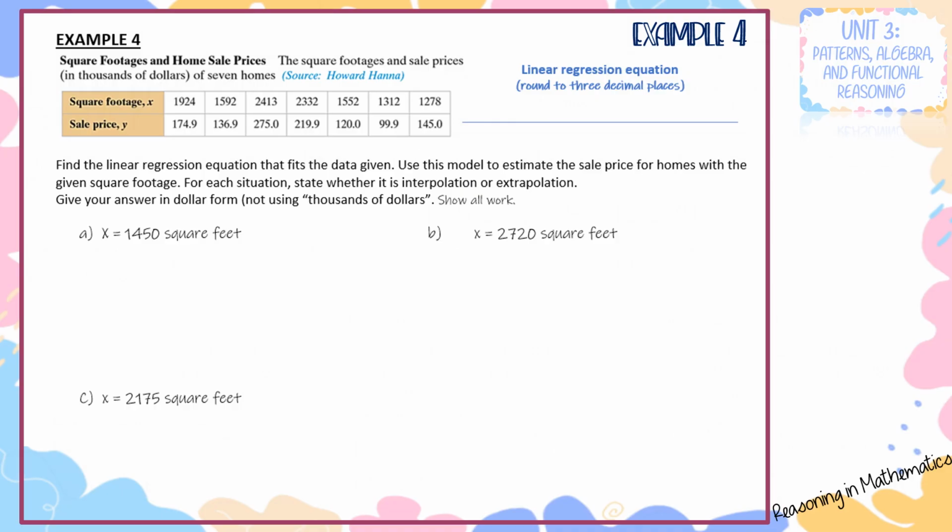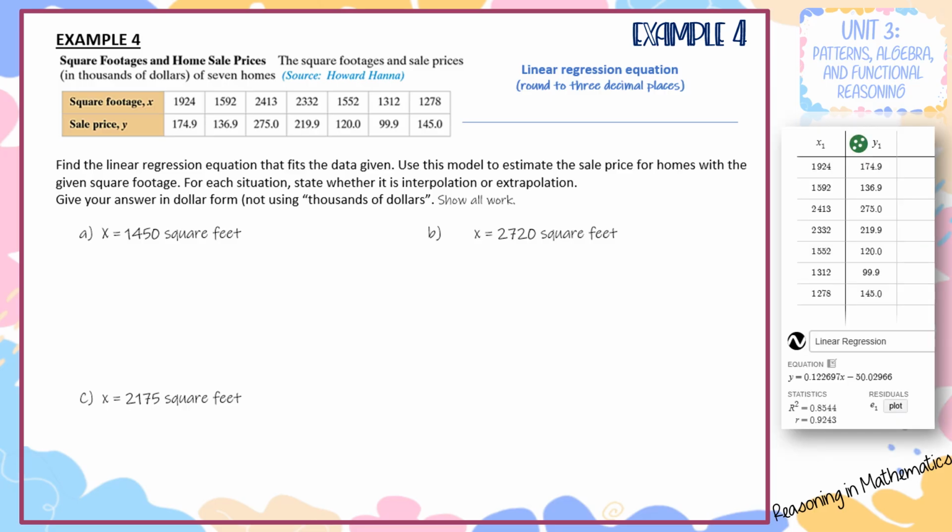Example 4 is square footages in home sale prices. The square footages and sale prices in thousands of dollars of 7 homes is in the table there. We need to put that data into Desmos's graphing calculator. So put all the X's in X and all the Y's in the Y, and we can get our linear regression equation.